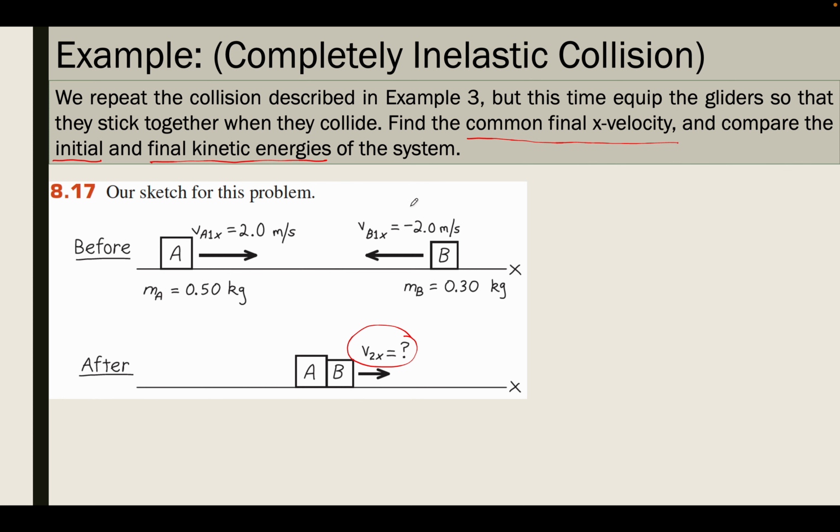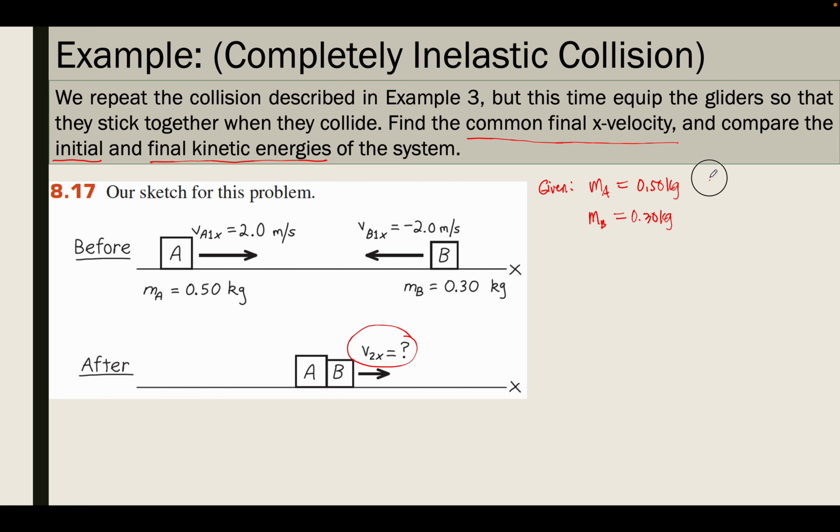Okay, so for our given values, we have the mass of glider A, which is 0.50 kilogram, and the mass of glider B, which is 0.30 kilogram.